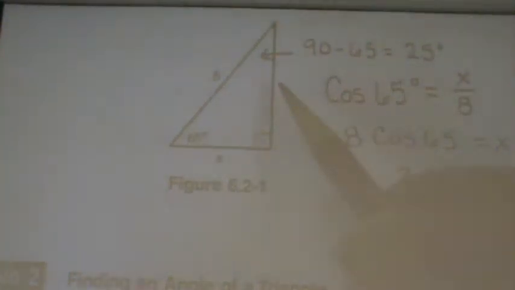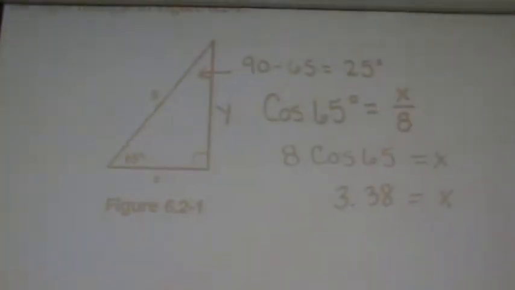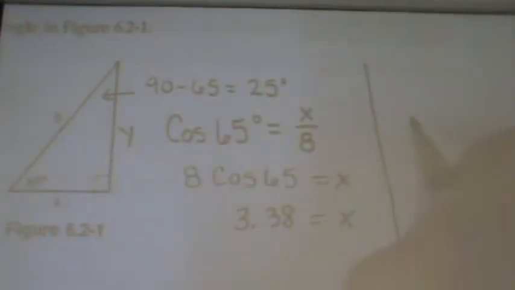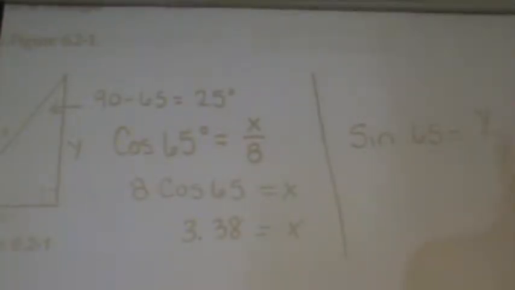Now, if I wanted to find this side, which I'll call y, what would you do to find side y? I would use sine. The sine of 65 degrees is y over 8, opposite over hypotenuse, and you would cross multiply. 8 sine 65 is y, and you'll get 7.25.